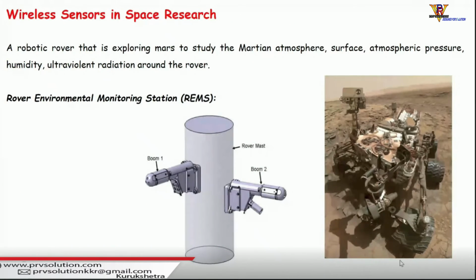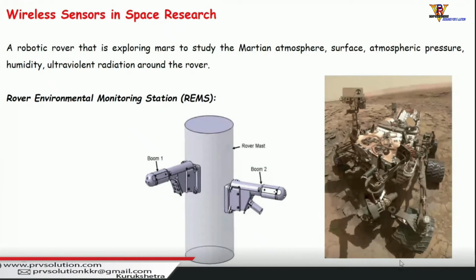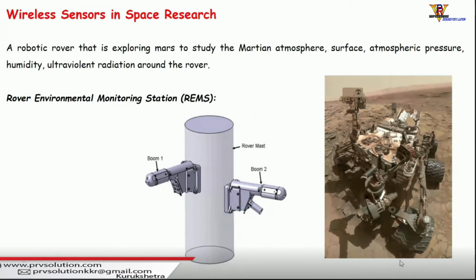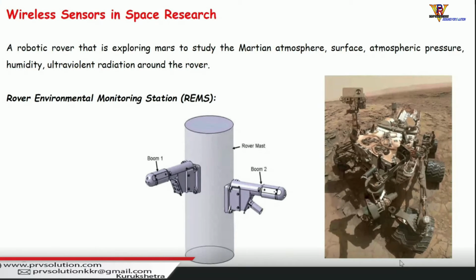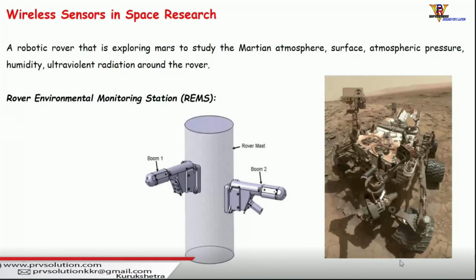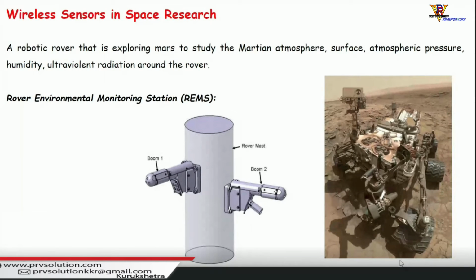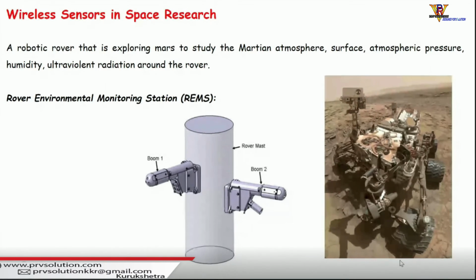Wireless sensor application in research area related to space research. So let us focus on that particular area and how wireless sensors can be used in space research. Like a robotic rover that is exploring Mars to study the Martian atmosphere, surface, atmospheric pressure, humidity, ultraviolet radiation around the rover.